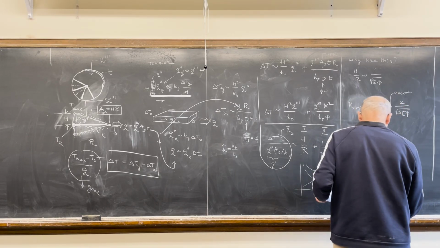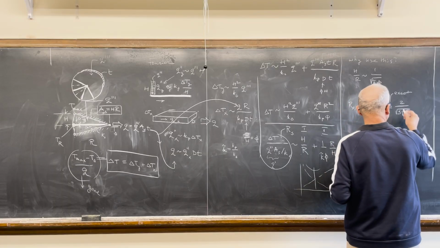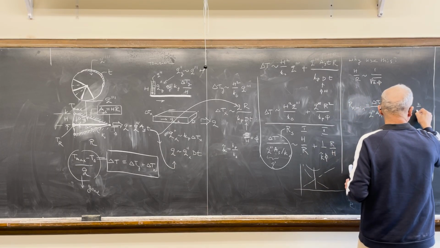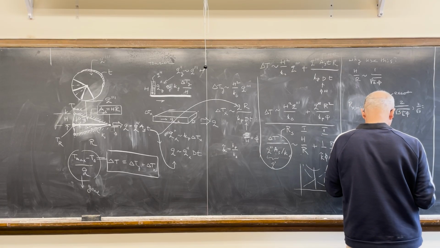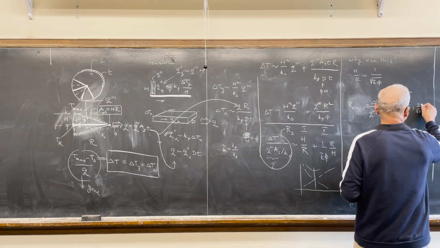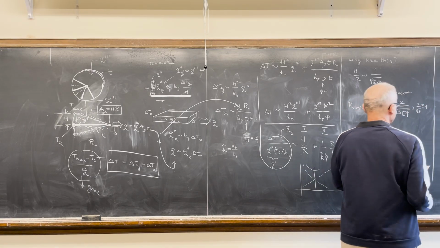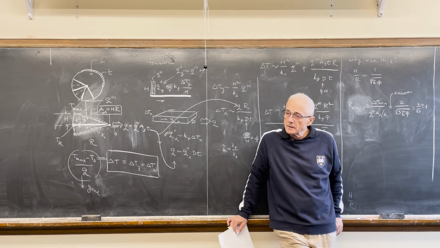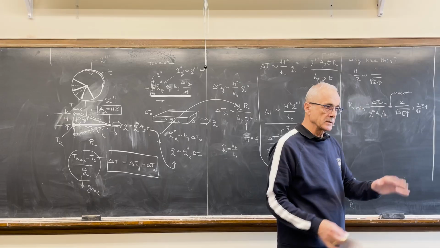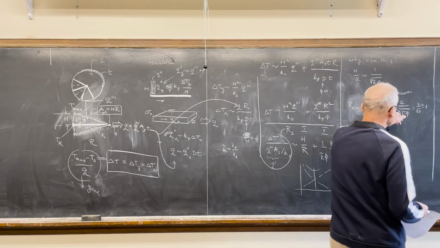Where, by the way, this factor of 2 over square root of 3 is very close to 1. Because square root of 3 is 1.73, so we're not splitting hairs, so we can neglect these things.